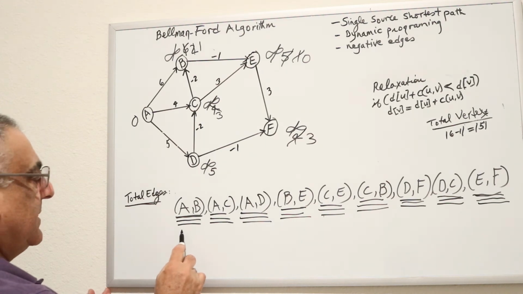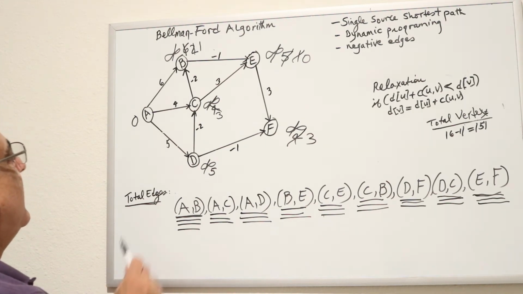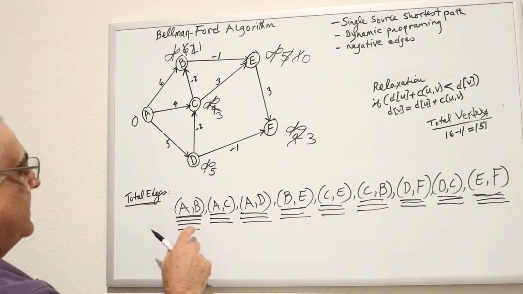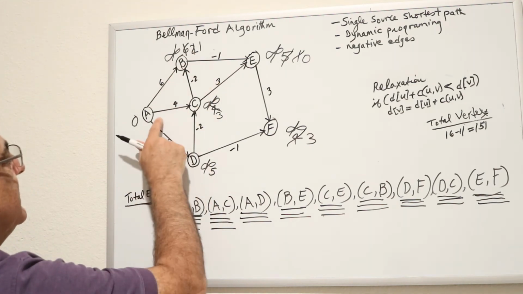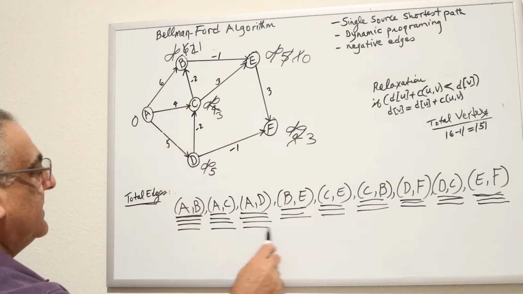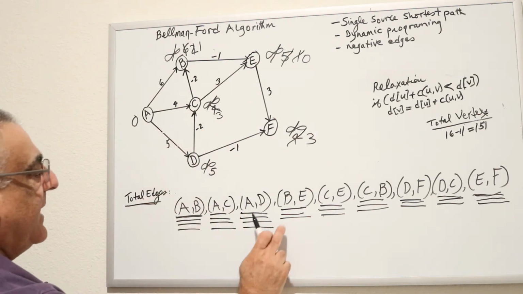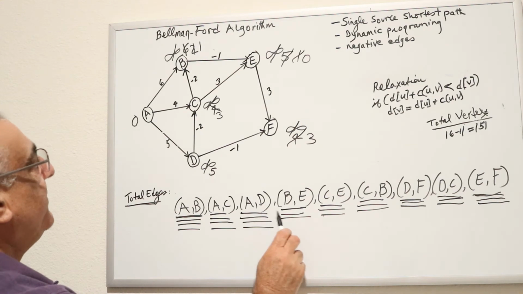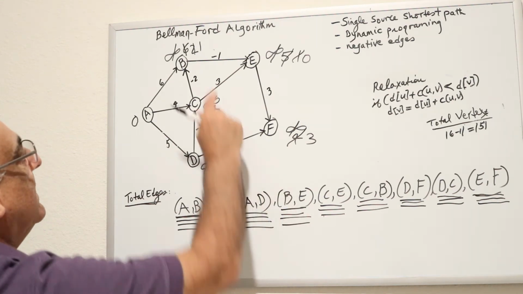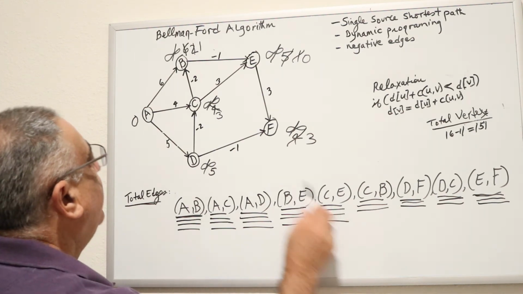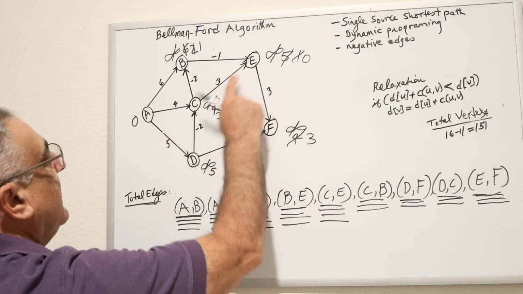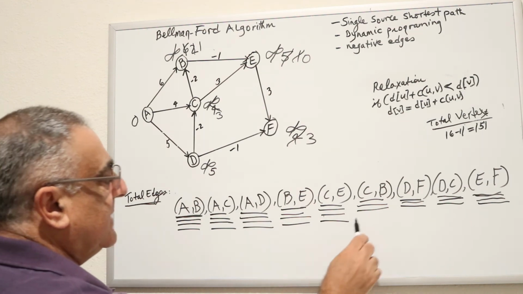So let's go through it one more time. A to B, 0 plus 6, 1 is better, can't change it. A to C, 0 plus 4, can't change it. A to D, that's a 5. B to E, 1 plus -1, can't change it. C to E, 3 plus 3, can't change it.